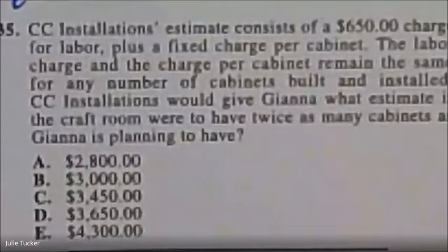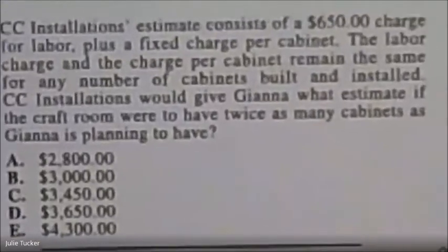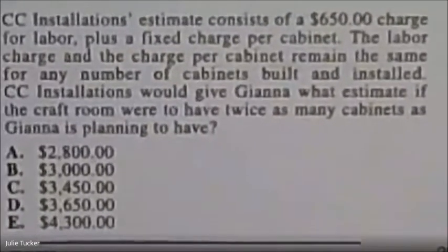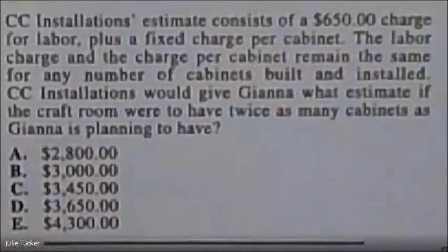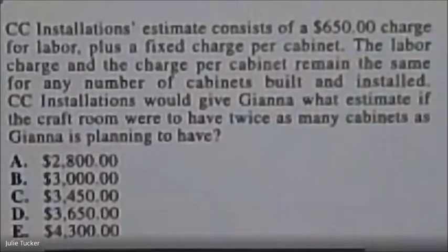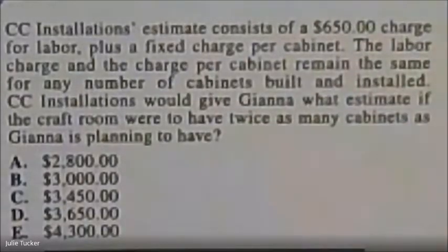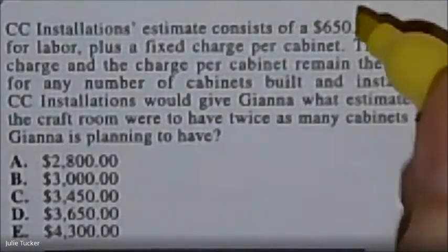Number 35. This is the last question with this word problem. CC Installations estimate. You know, an estimate is the price they give you before they do the work. They call it an estimate because they don't know exactly what it will cost. So they start by giving you an estimate. CC Installations estimate consists of a $650 charge for labor plus a fixed charge per cabinet.